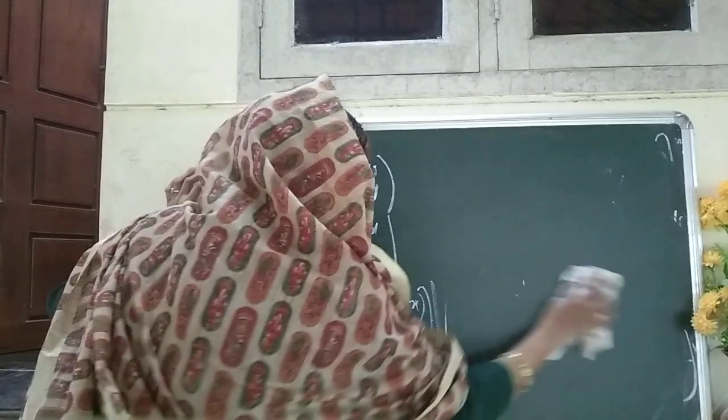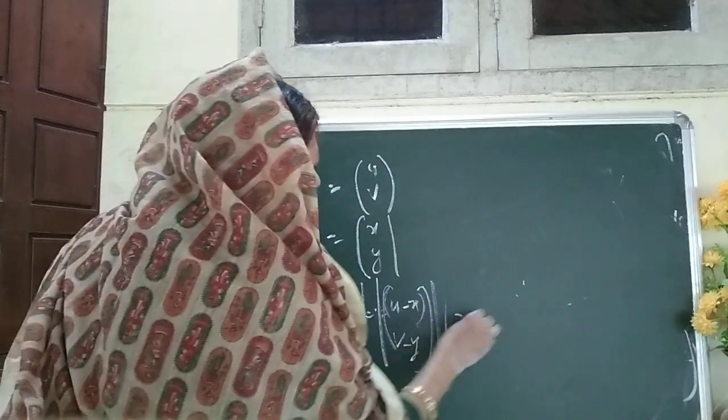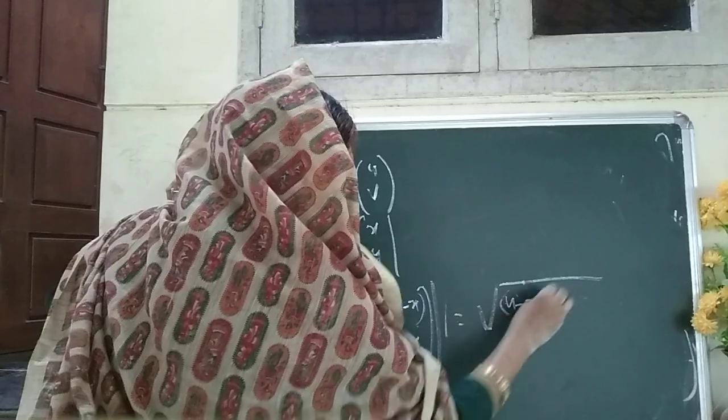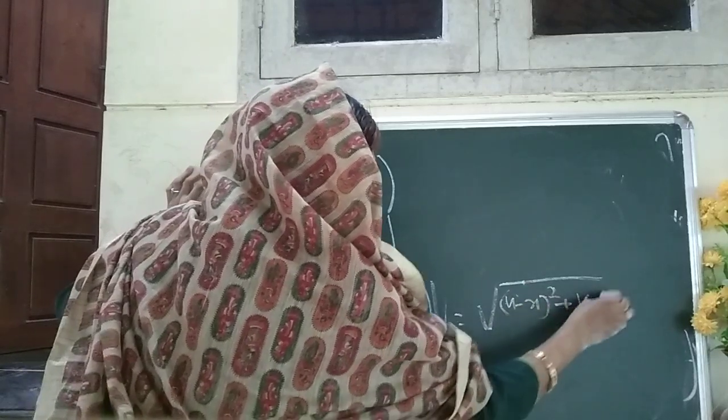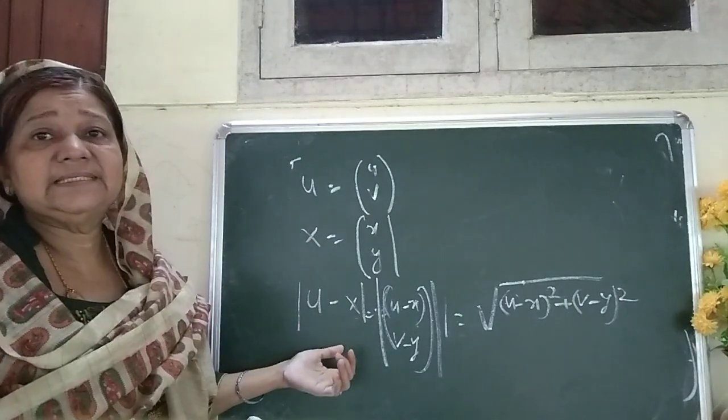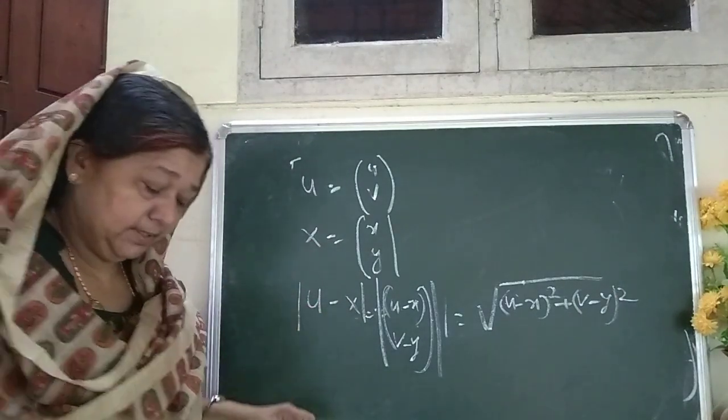Therefore, modulus of u minus x is root of (u minus x) the whole square plus (v minus y) square. We can see that u minus x and x minus u are same.